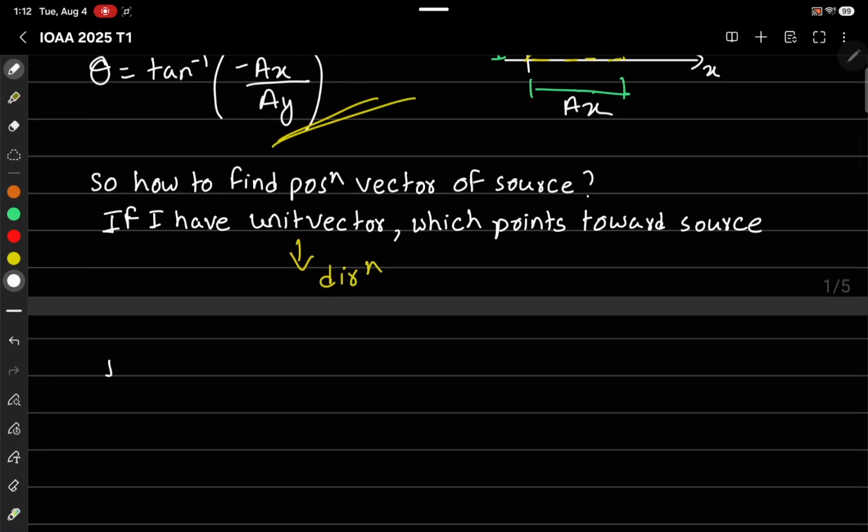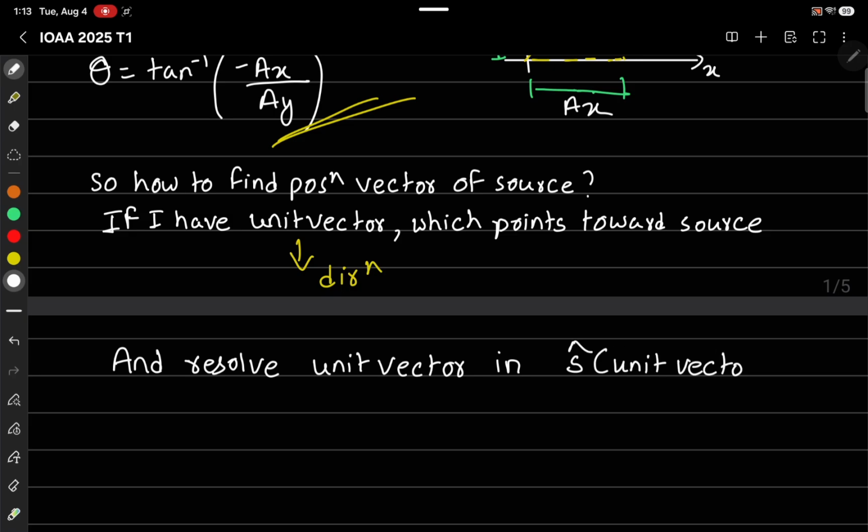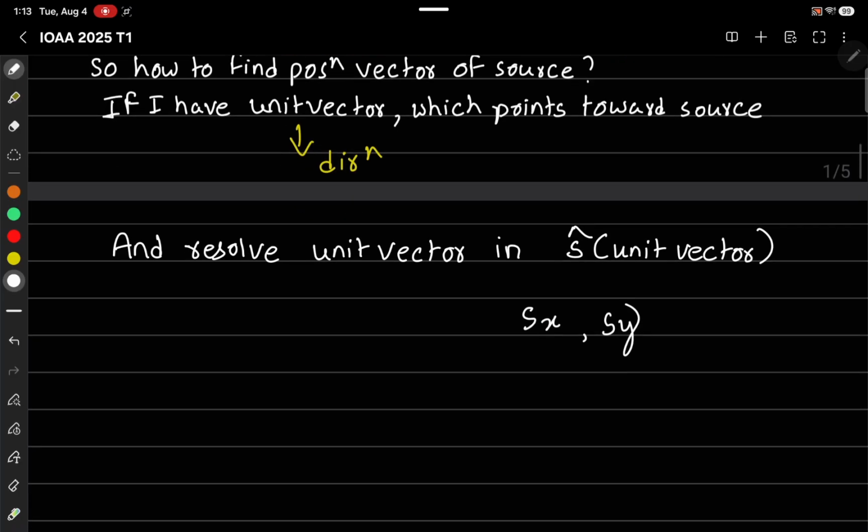And if I resolve the unit vector, let us suppose my s is the unit vector, and resolve it in sx, sy, then eta will be tan inverse of minus sx by sy, right? This is the condition that will be used for finding the angle of the source.